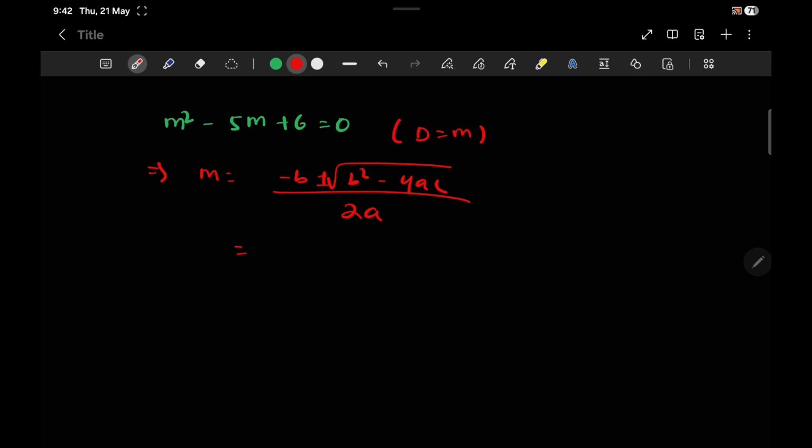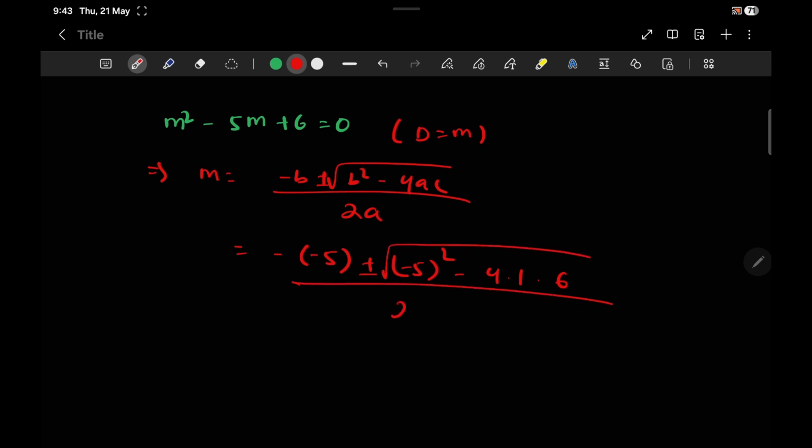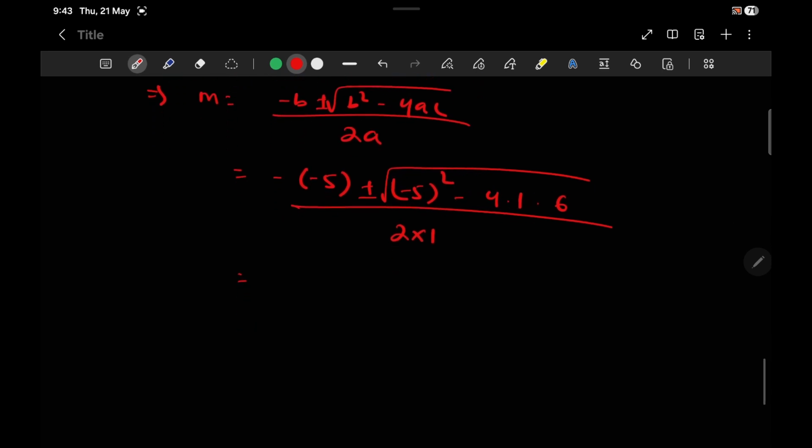So this becomes -(-5) ± √((-5)² - 4 × 1 × 6), divided by 2 × 1. So 5 ± √(25 - 24), divided by 2.